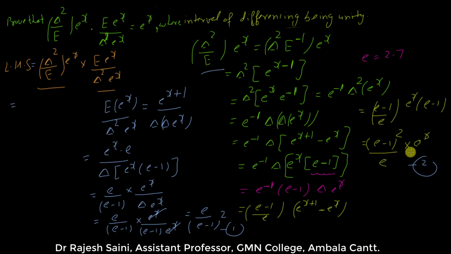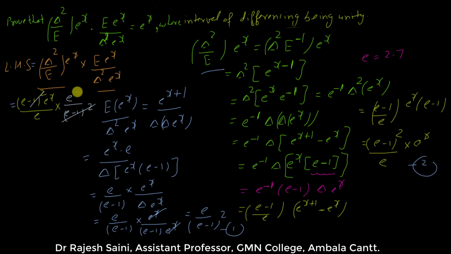So using this one and this one, we will get delta square e^x by e raised to the power x is this quantity. So I am going to write it over here. This will be (e minus 1) whole square e raised to the power x divided by e, into this quantity, which is e by (e minus 1) whole square.